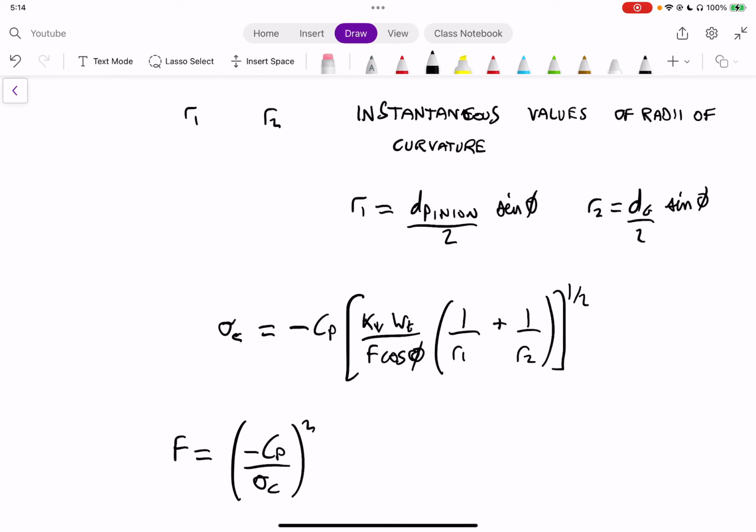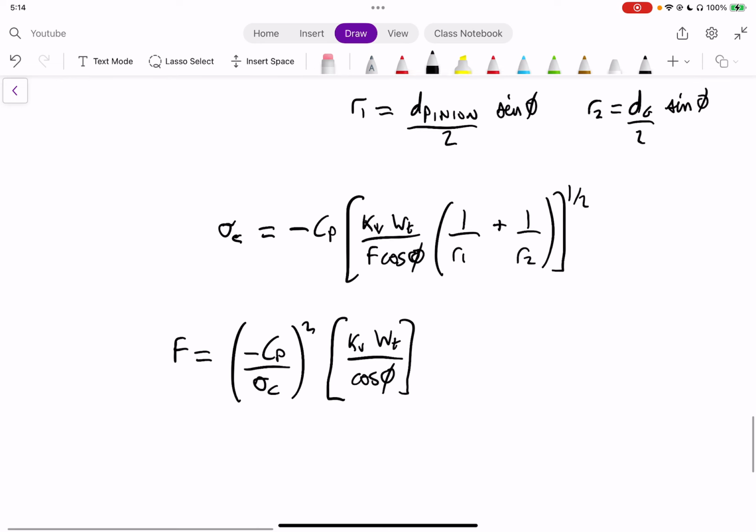And then we're going to multiply that by another term, which is going to be KvWt over cosine phi, just to separate them a little bit. And then we have our last term, which is going to be 1 over R1 plus 1 over R2. And now we can basically solve the problem as we go.